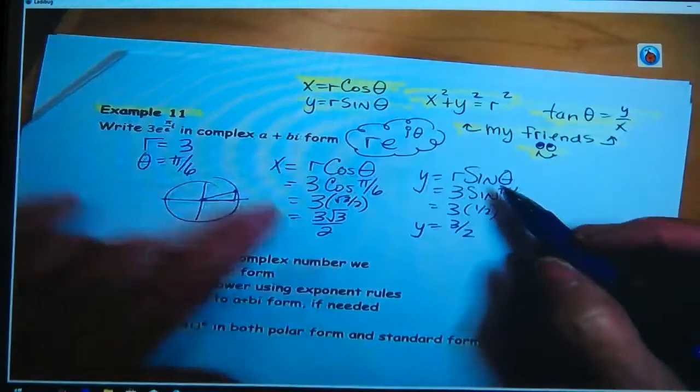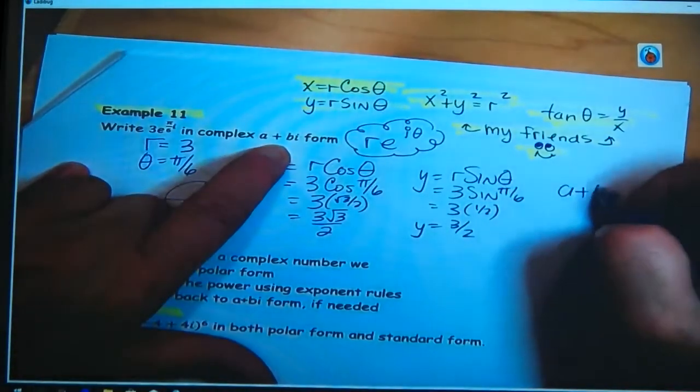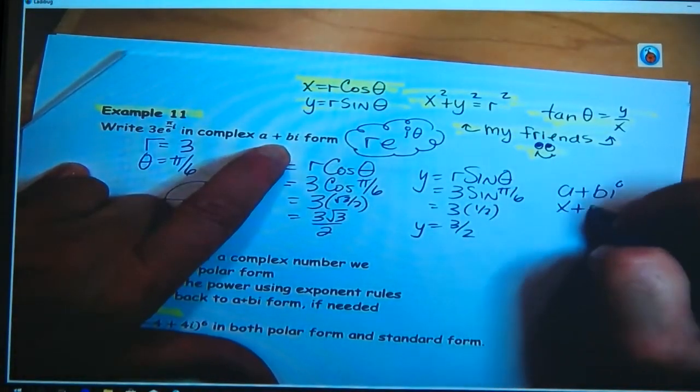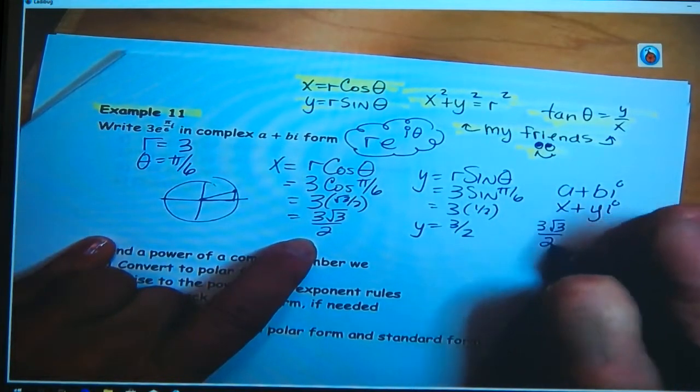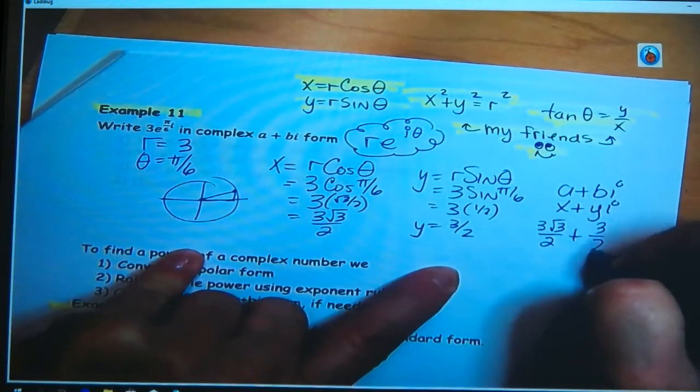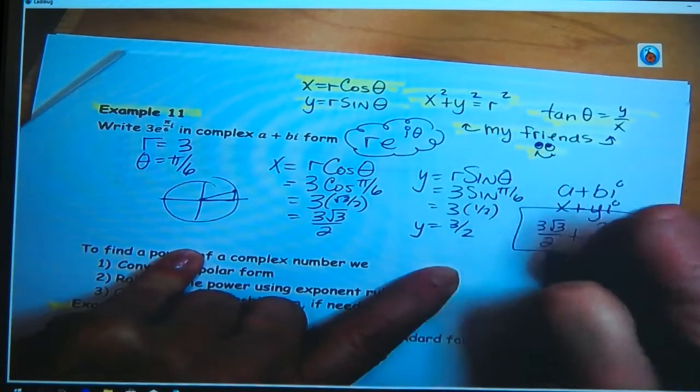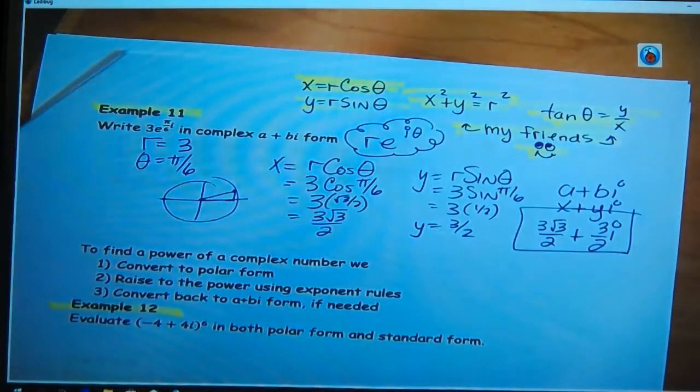So our a plus bi is the same as x plus yi. So it's going to be 3 radical 3 over 2 plus 3/2 i. These are the nice problems, okay?